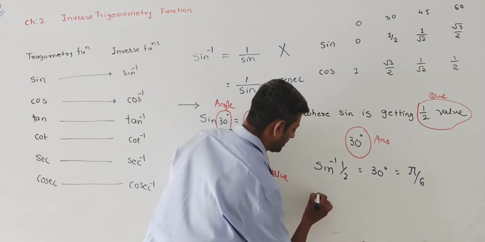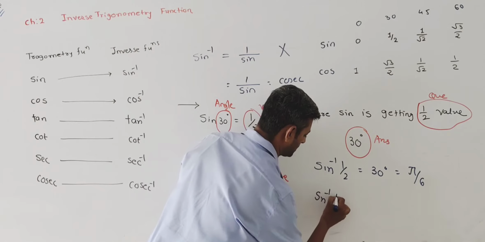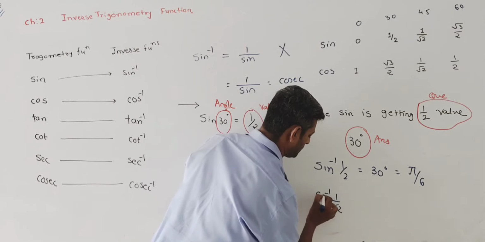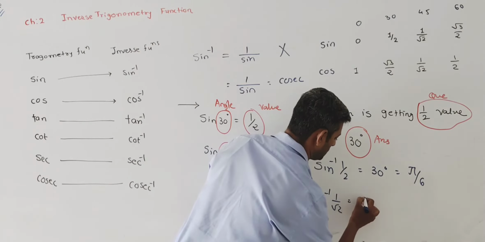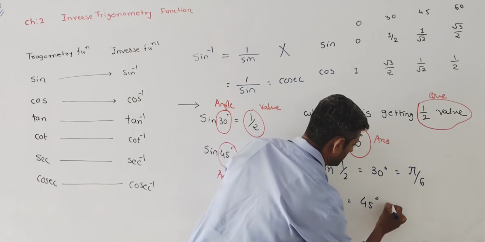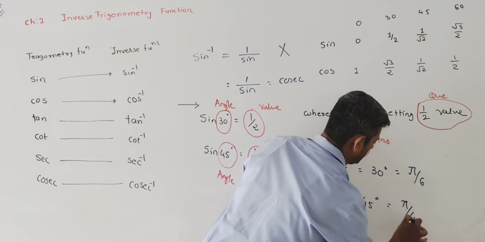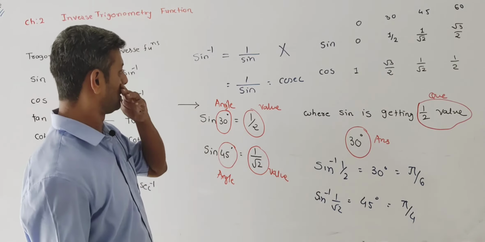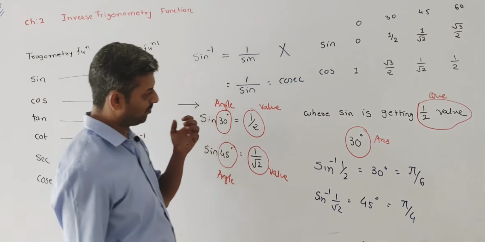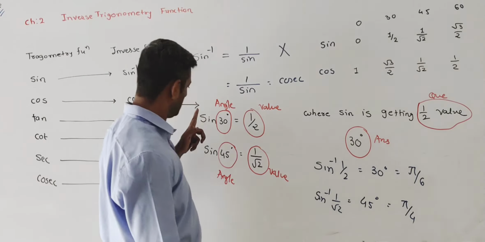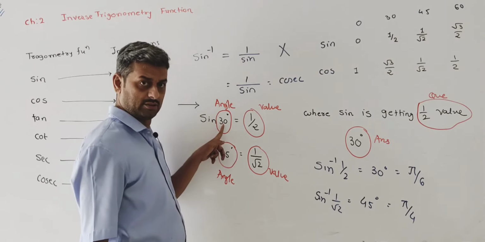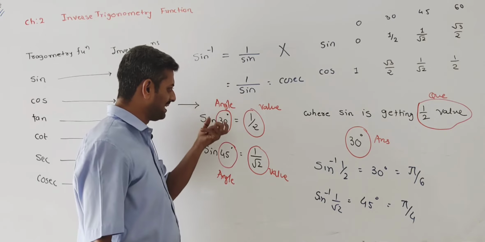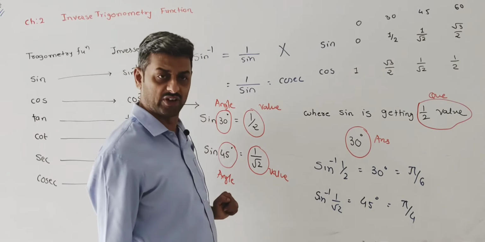Same way, sine inverse 1 upon root 2 is equal to 45 degree, that means pi by 4. So first of all you have to understand, here in sine 30 your question was angle and the answer is value.